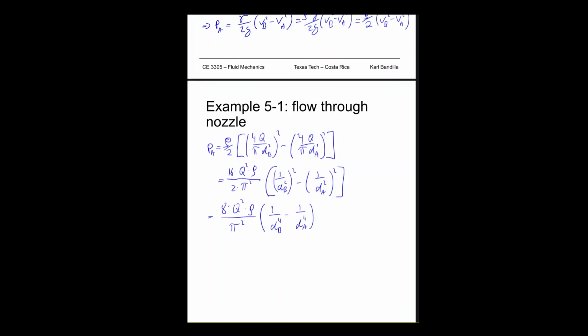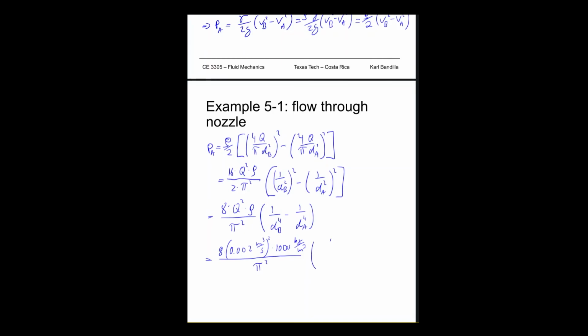So let's start with the numbers. 8 times 0.002 cubic meters per second. Let's not forget that we just square this. Times our density of water, we'll say at 1,000 kilograms per cubic meter. And we divide it by pi squared.